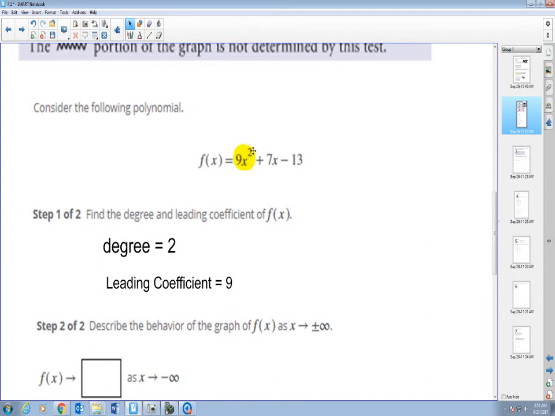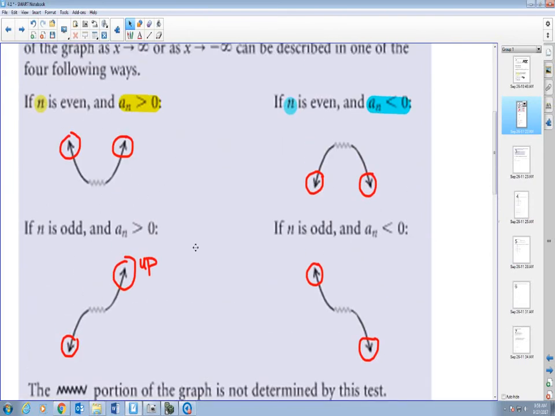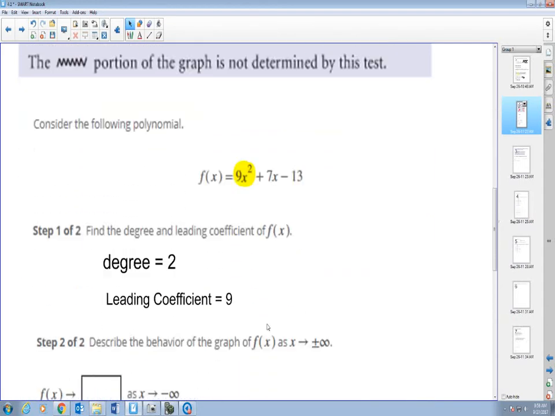Alright, so this one, even exponent with a positive leading coefficient, would be this one right here. Both sides will go up, to the right and to the left.